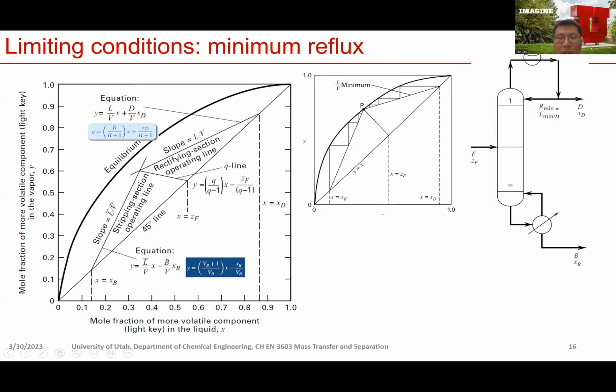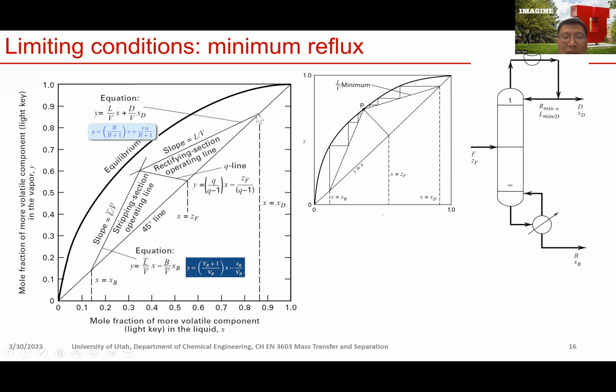The second limiting case is called minimum reflux. So in this case, we know previously we talked about, theoretically speaking, R can be 0, which means you return 0 amount of the condensed liquid back to the tower. So D equals this.